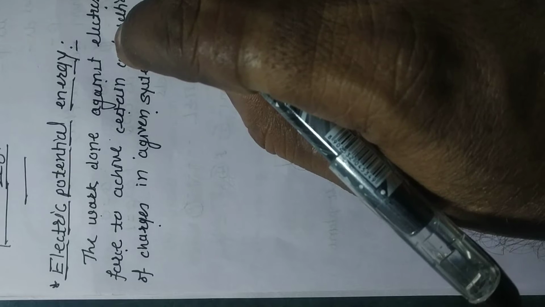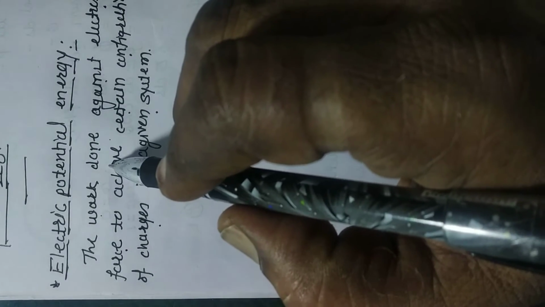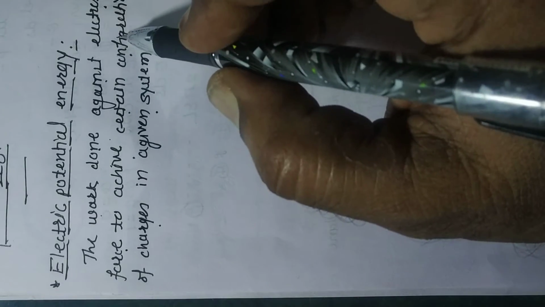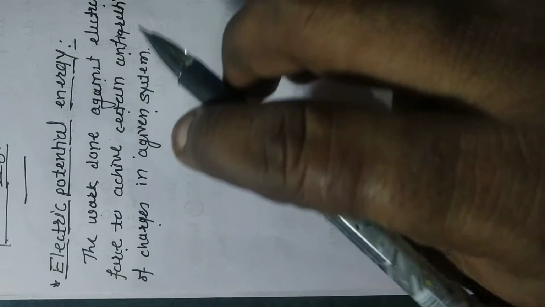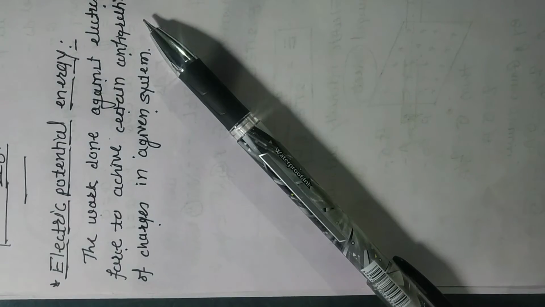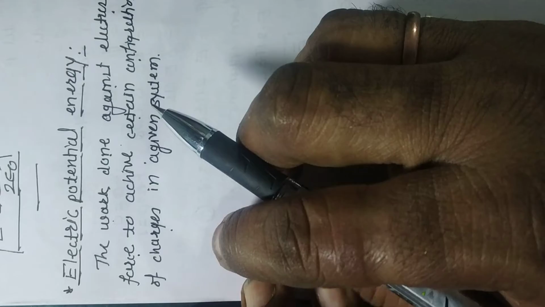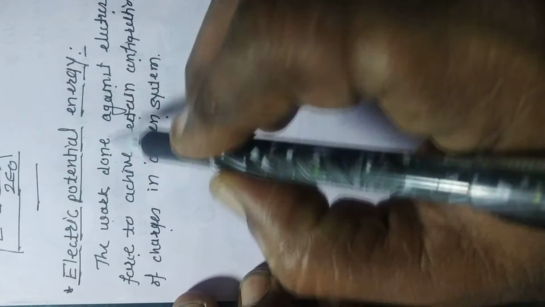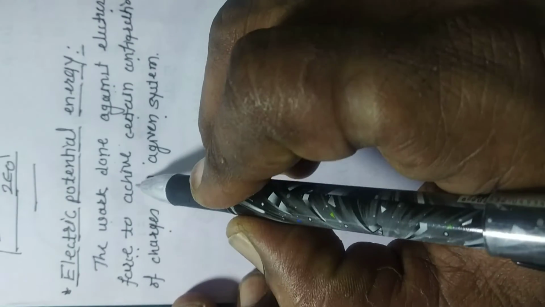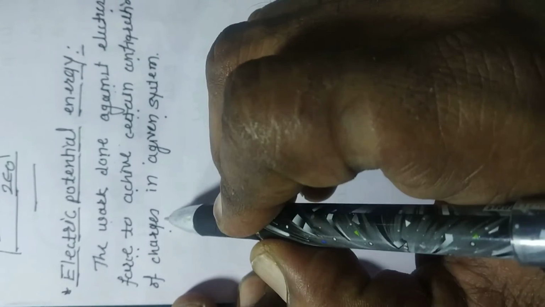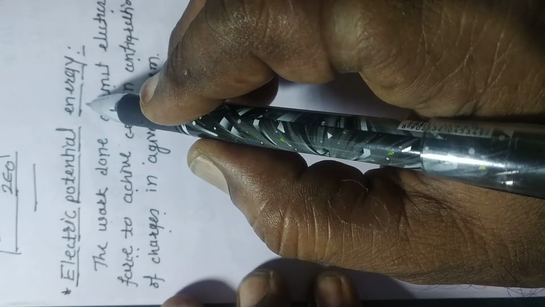What is electric potential energy? Work done against electrostatic force to achieve certain configuration of charges in a given system is called as electrostatic potential energy.